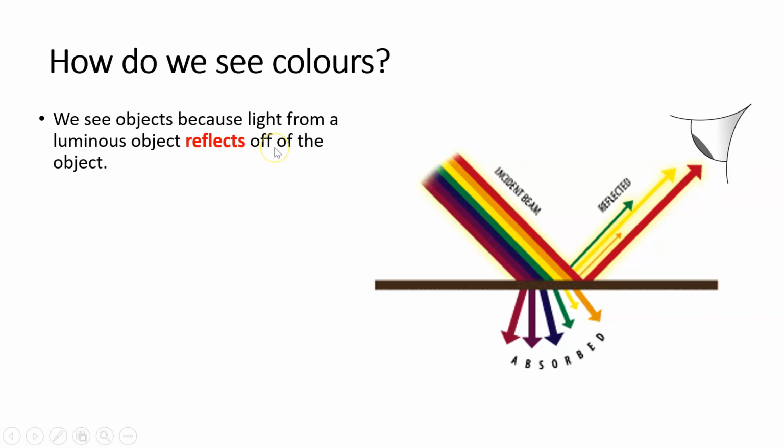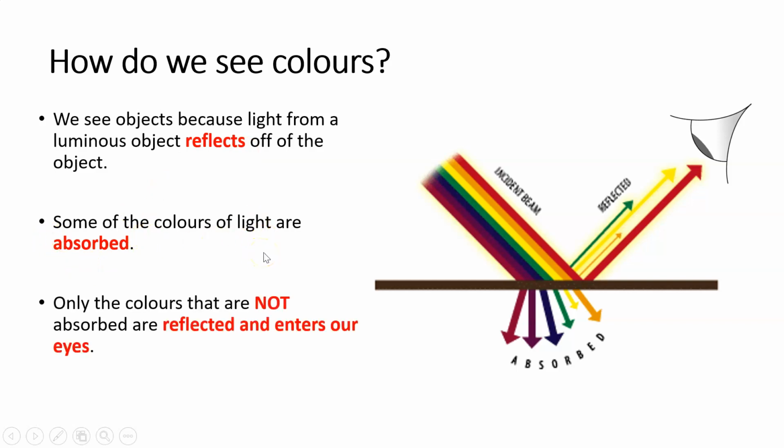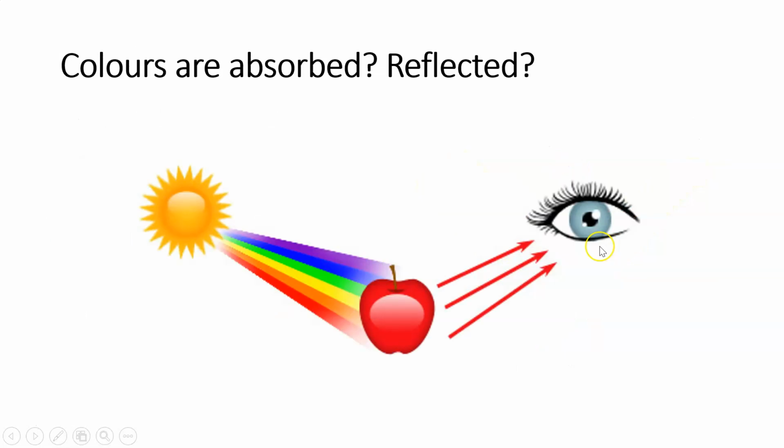So we perceive that object as being dark, and the light colors are reflected into our eyes. So what we're saying here is that only the colors that are not absorbed are the ones that enter our eyes. Sorry, I made a mistake. I said that we perceive that as dark. We don't. We perceive that as light because we're reflecting light colors into our eyes.